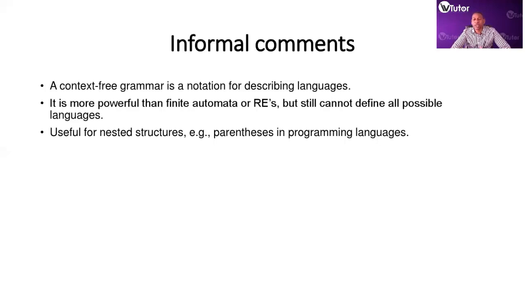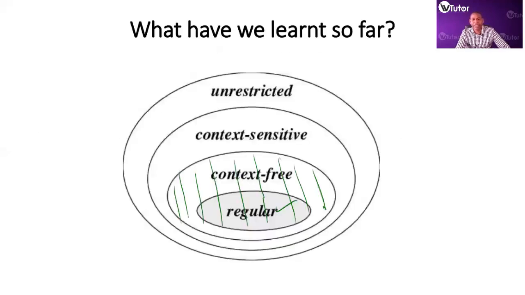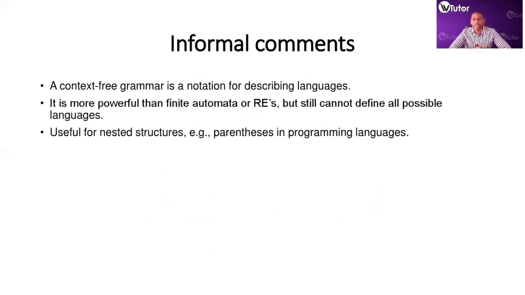But it still cannot define all possible languages, right? We see from the previous slide that yes, we have got context-free, but we've got context-sensitive and unrestricted, right? So though it is bigger than regular, it is not the biggest, right?